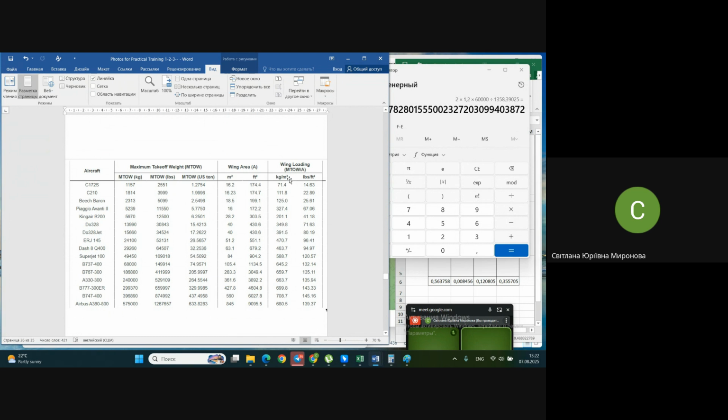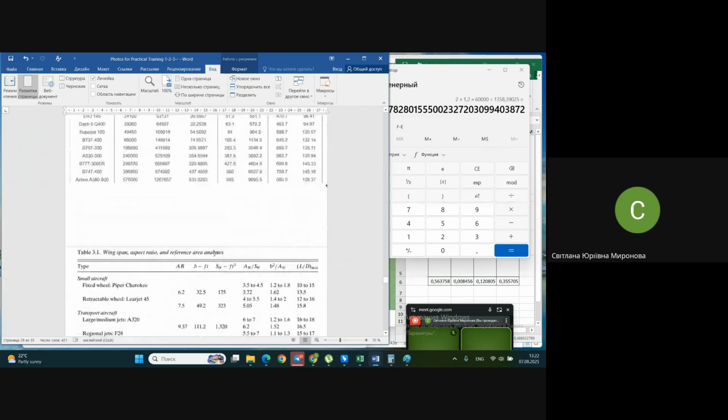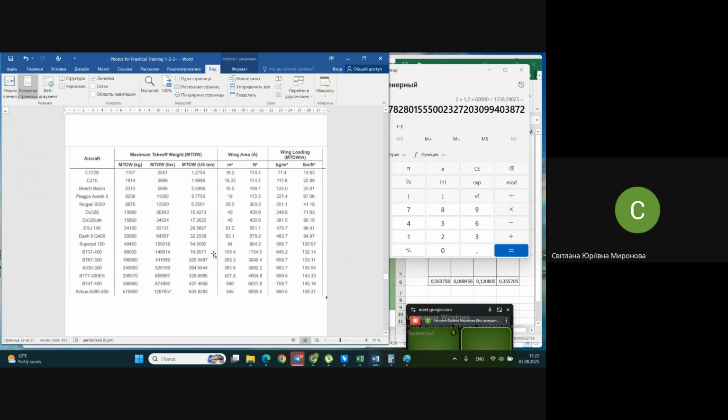At least you may see that for different airplanes, they show maximum takeoff weight in kilograms, wing area in square meters, and they show wing loading. Do pay attention to how much these values vary in this table and in that plot. And remember why: because it comes from airplanes of very different classes.